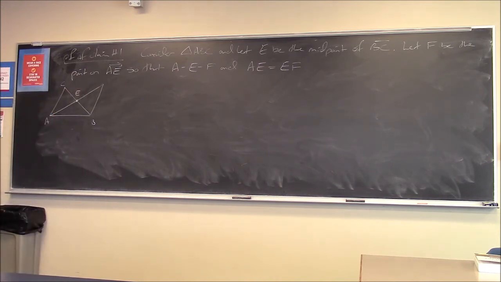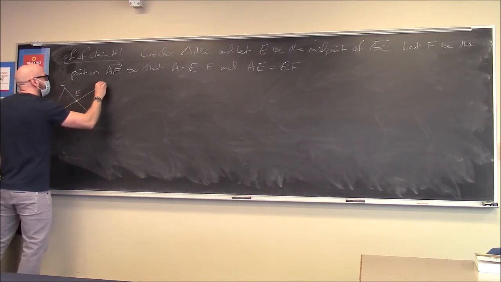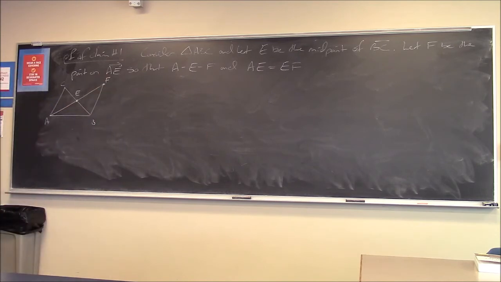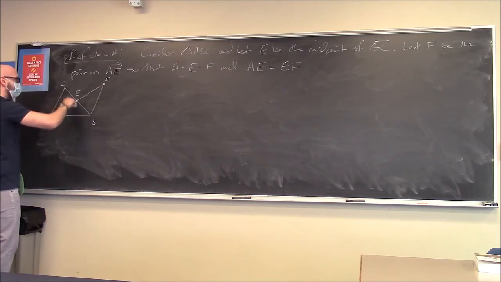Okay, so we start off with this triangle ABC, we choose the midpoint of side BC, we construct this ray, and we choose F so that F is the same distance from E as A is. We've done this construction once in class, and again you repeat it for homework, and of course the reason we're doing this is because these two triangles here are congruent, right? AEC and FEB.